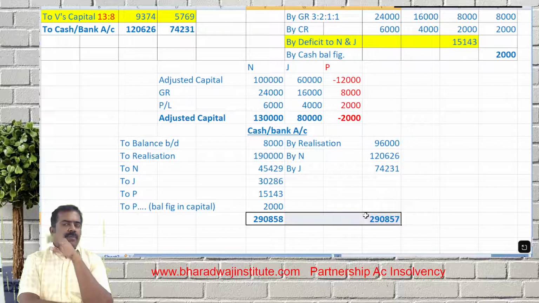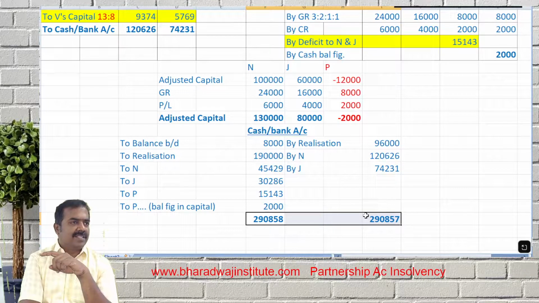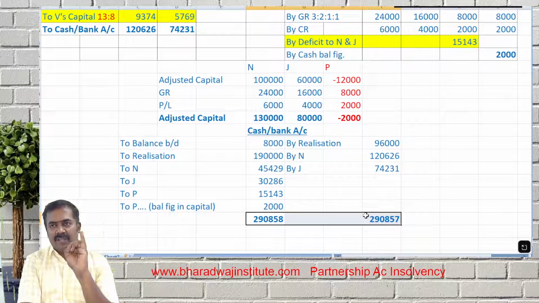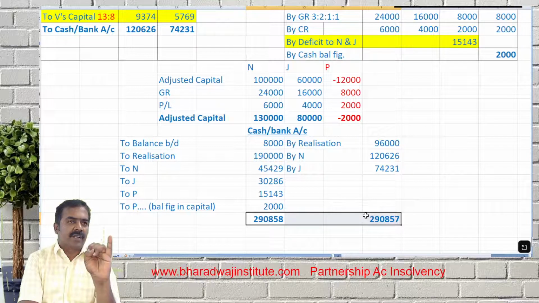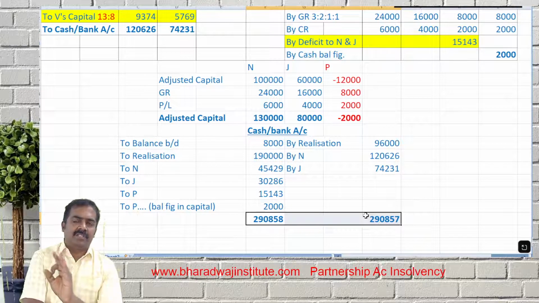So hope you understand. More than normal dissolution, I concentrated more on insolvency of a partner. Fixed capital, no issue. Fluctuating capital, we have to work out adjusted capital. While working out adjusted capital, do not adjust any realization item, which may be asset taken over, liability paid or realization loss.